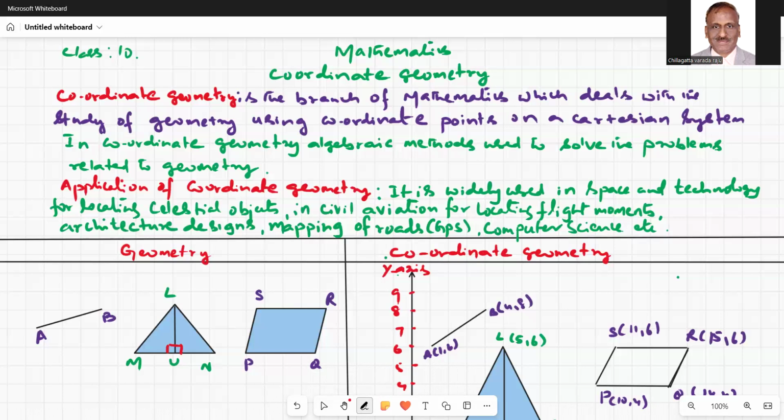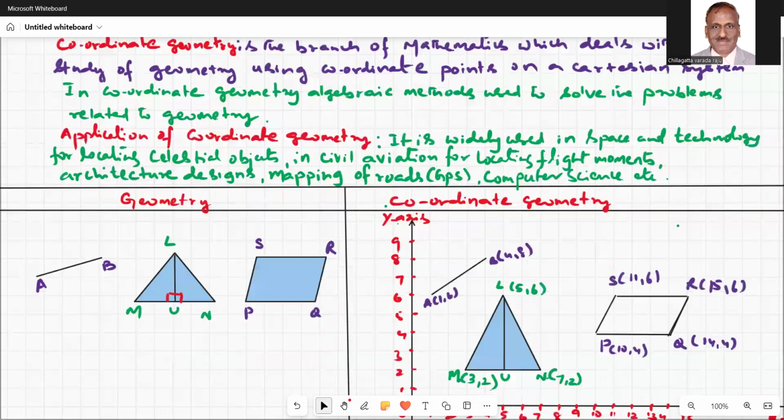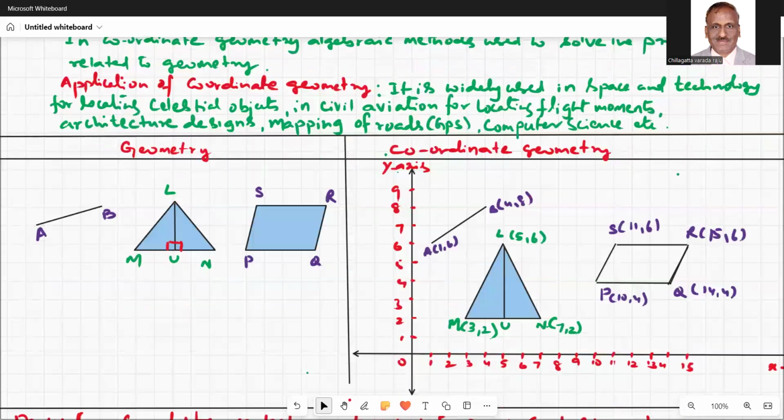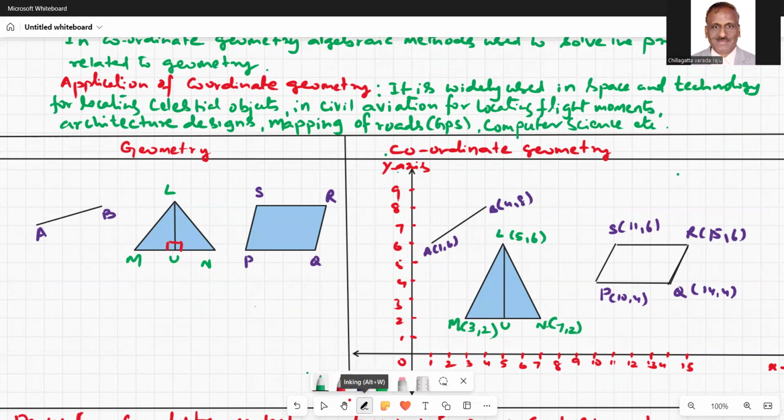Okay. Now the comparison of geometry and coordinate geometry: how coordinate geometry will use the points to solve the problems related to geometry. You can observe a few diagrams written to the left and to the right: a line segment, a triangle, and a parallelogram PQRS. The same figures I have taken to the right also.